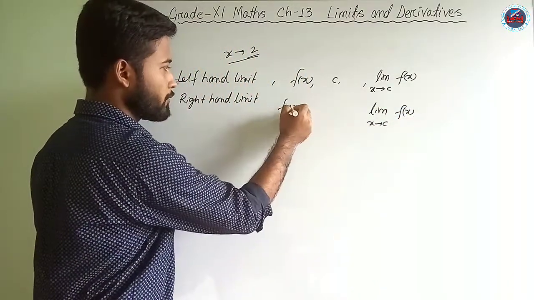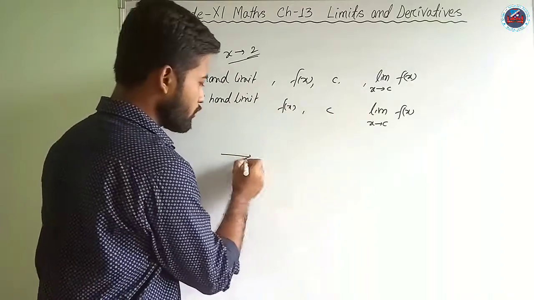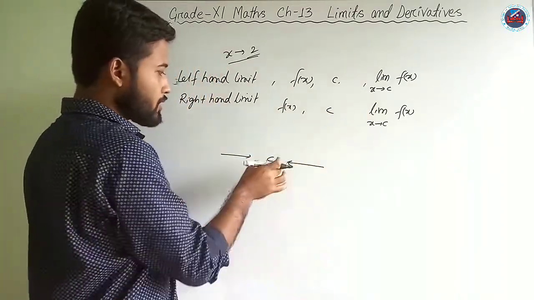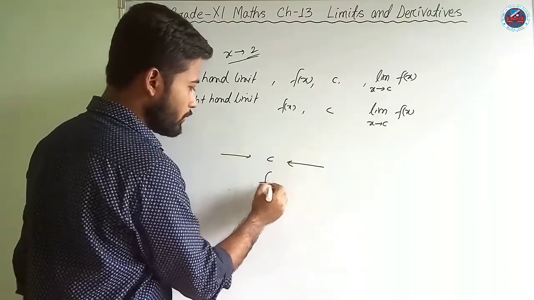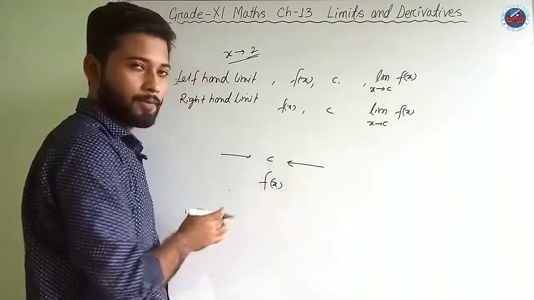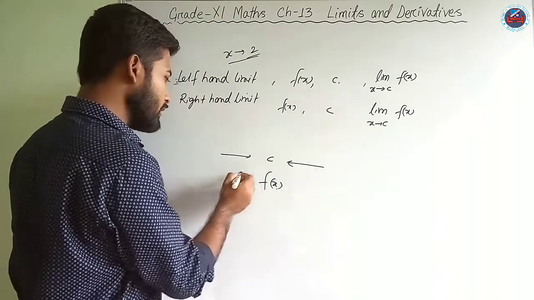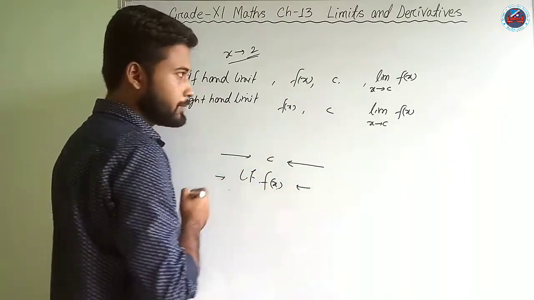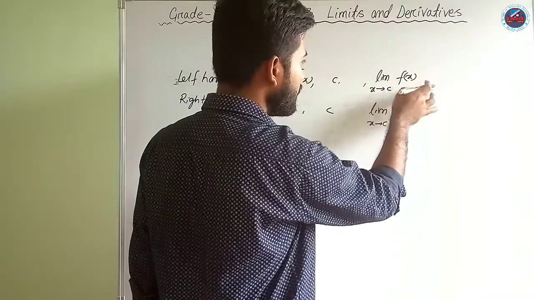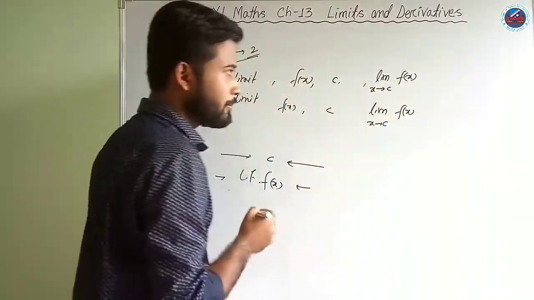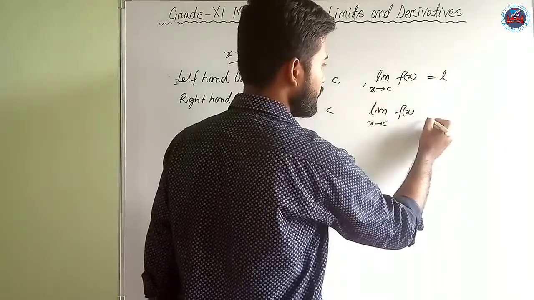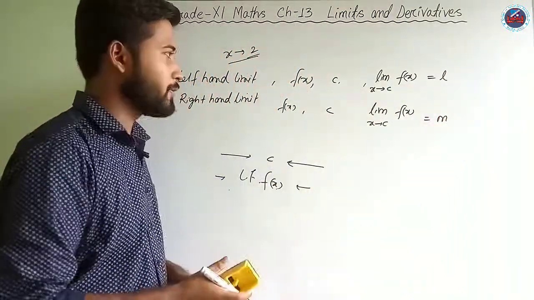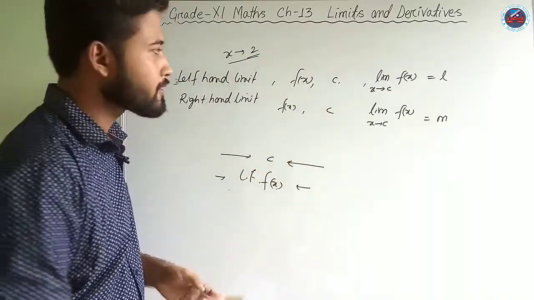Here also the function will be f of x, the limit will be c, because from both sides we shall tend to c. Now since x is approaching c, we want to see the behavior of the function f of x, whether the function is also tending towards the same limit or not. Now see, this is our limit and we shall write it as L. Also in this case we can write it as M, just for our sake of understanding, we are taking two different variables.